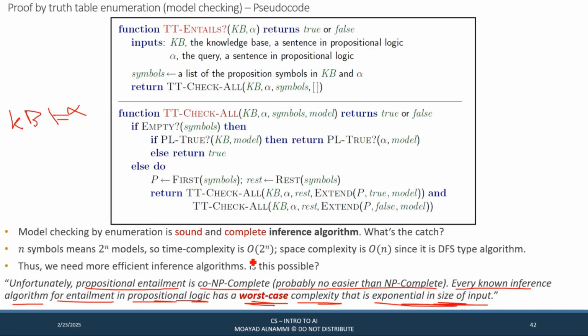So we really can't do better than exponential time algorithms for entailment in propositional logic for a general knowledge base. What we'll see later on this topic is that for specific types of knowledge bases that have a specific format, we can get away with linear time. But for a general type of knowledge base with general formatting, it is exponential.